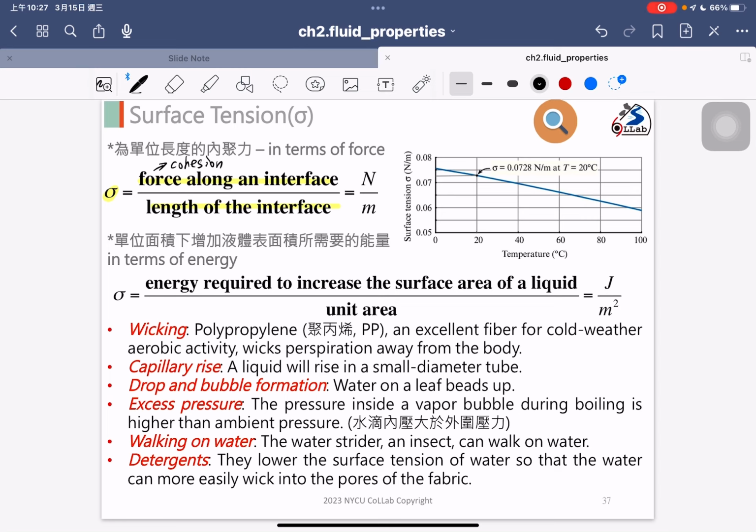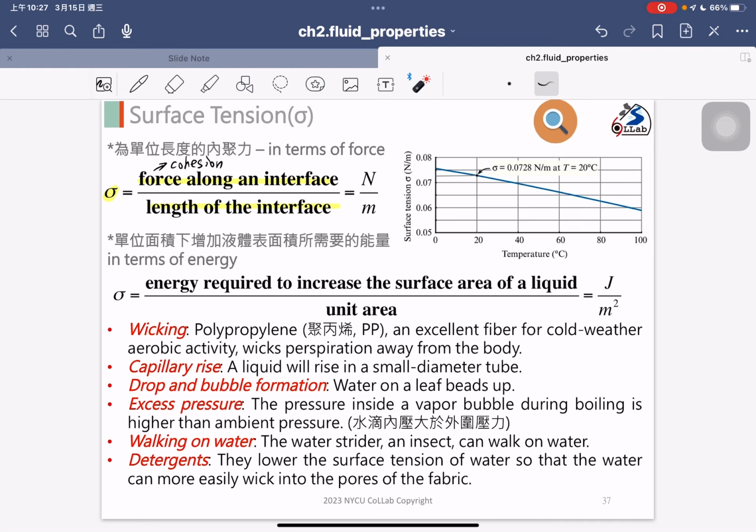So you should understand what is the force here between molecules. And another definition for the surface tension: we can also say it is the energy required to increase the surface area of the liquid, divided by the unit area.